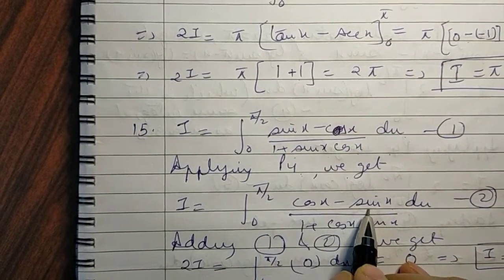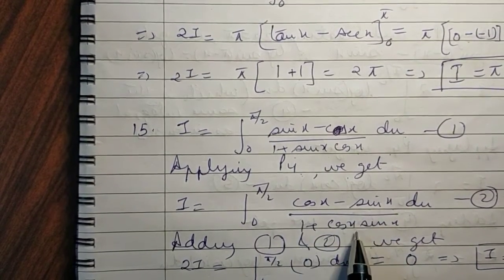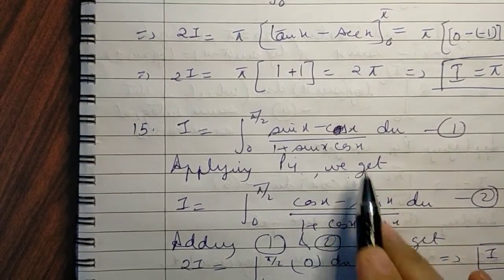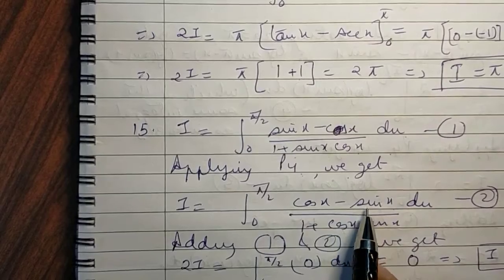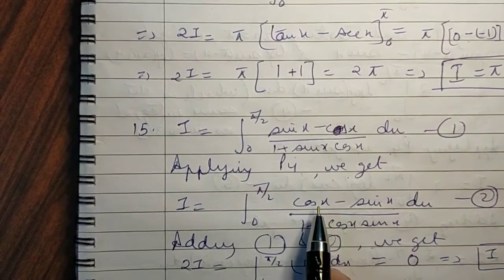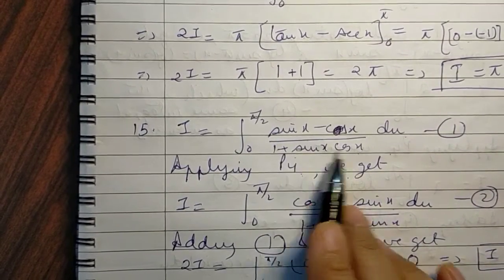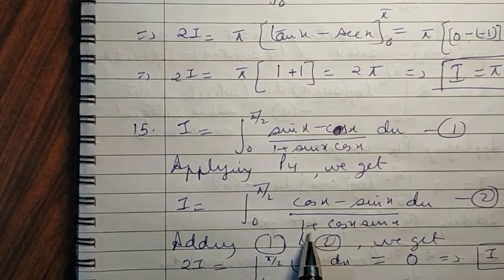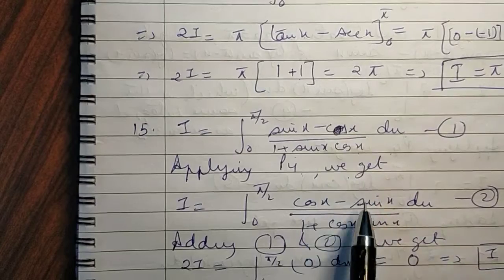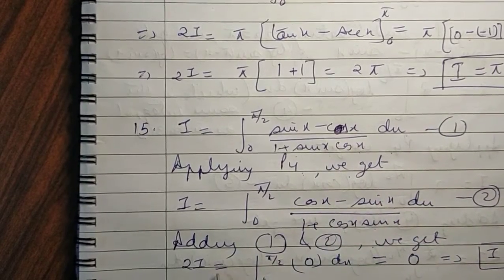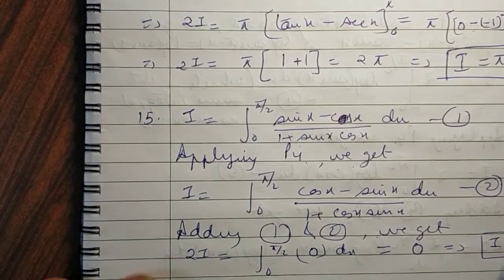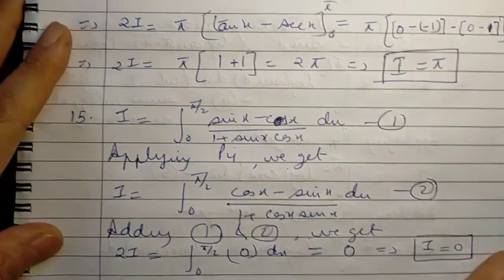So we get cos x minus sin x upon 1 plus, this becomes cos x, this becomes sin x. Adding 1 and 2, sin x and minus sin x get cancelled, cos x and minus cos x get cancelled, because the denominators are the same. Whether it is 1 plus sin x cos x or 1 plus cos x sin x, they are one and the same thing. And so on adding, the integrand becomes 0, and so the answer is directly 0.